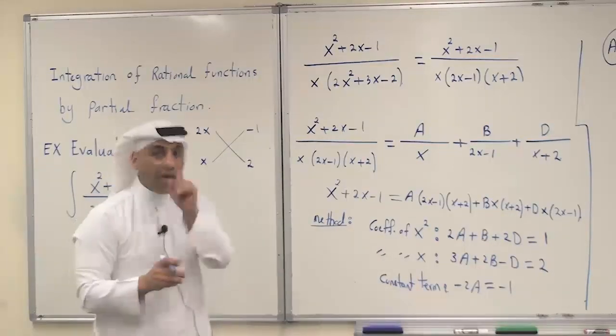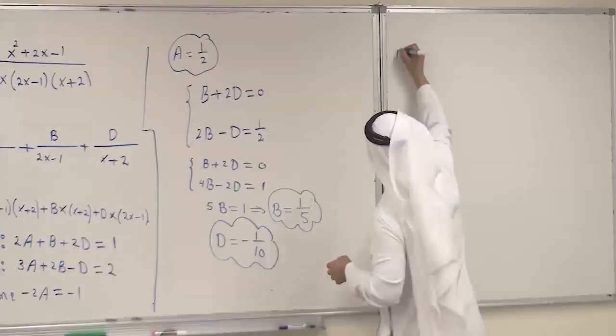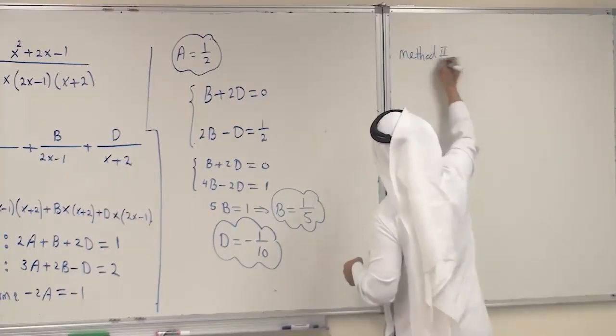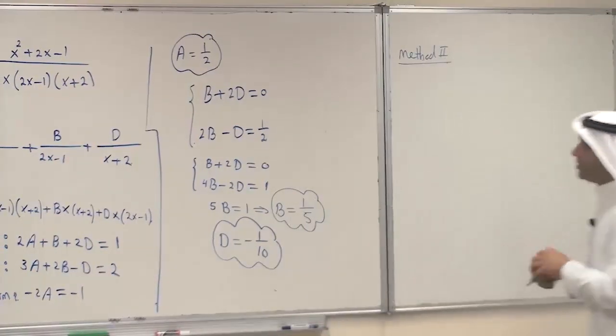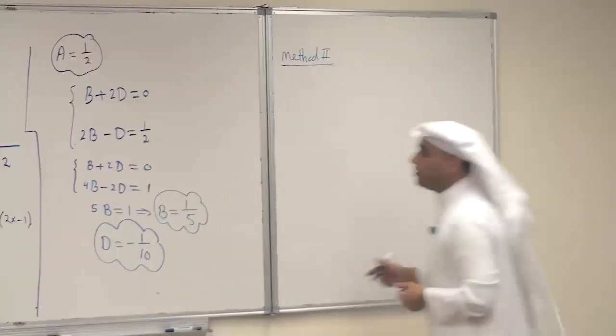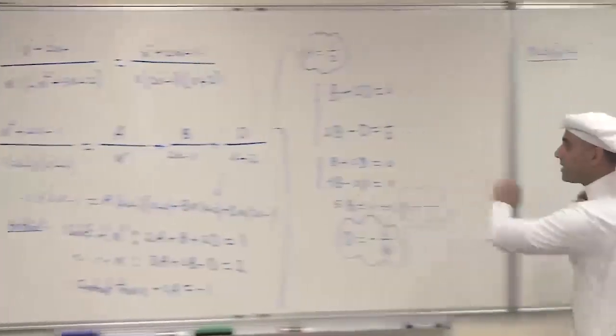Alternatively, what do we need to do if we have such a case? We can do it by a second method if you like. It is not a second method, rather it is just a second representation of the technique we are doing here. So how to get A, B, D alternatively? You can do the same, reach up to this step. So I will copy this line again.